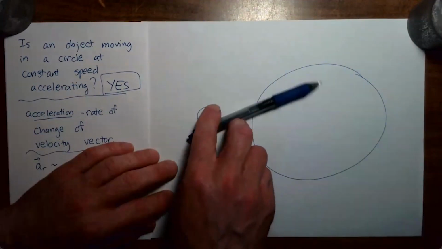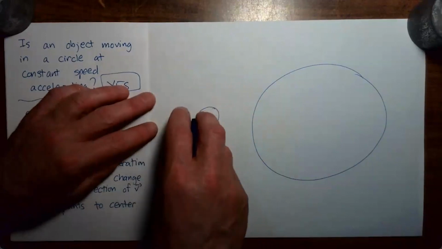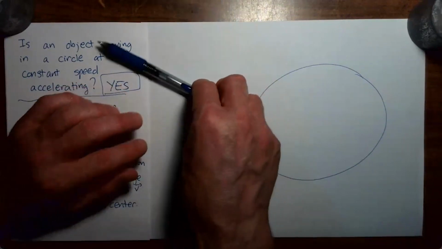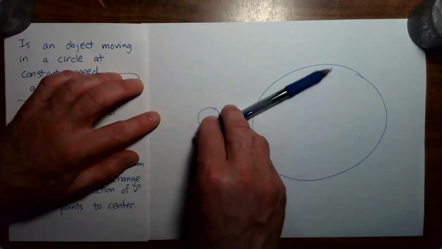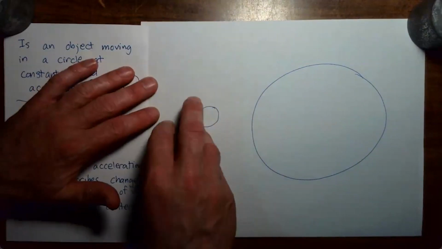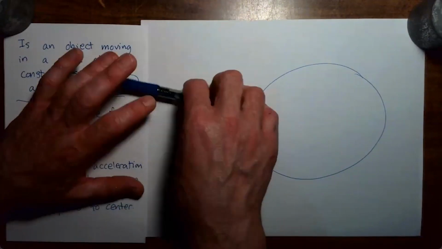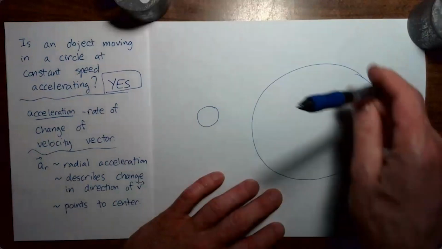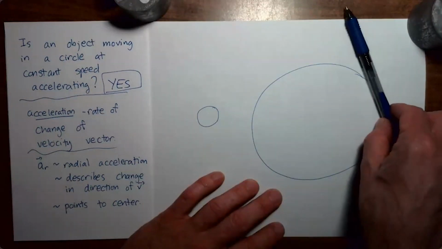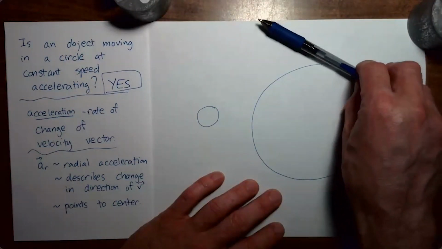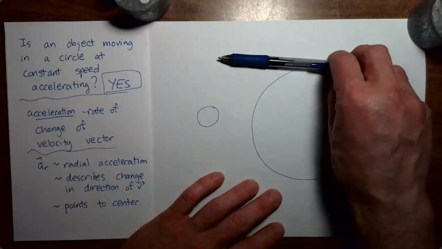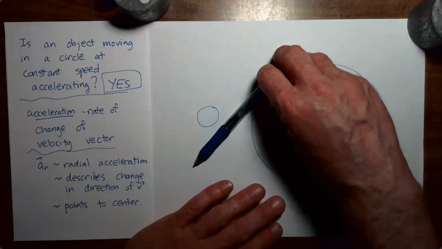So here's an object moving around a small circle at a particular speed, and notice that I'm using the pen to describe the velocity vector of the object as that object continues to move around the circle. Now let's say I have that same object move around the bigger circle at the same speed that it was going around the smaller circle.